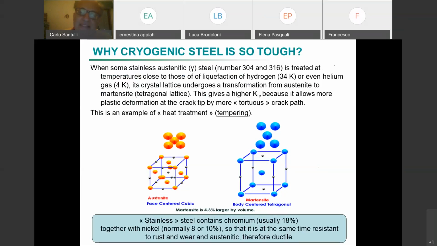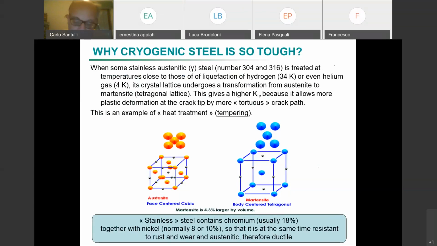So you have a treatment at very low temperature. They started with liquid nitrogen, but now it's possible to treat them even with temperatures closer to the liquefaction of hydrogen or even helium, so very close to absolute zero. And in reality, what happens is that the crystal lattice is transformed from austenite into martensite.